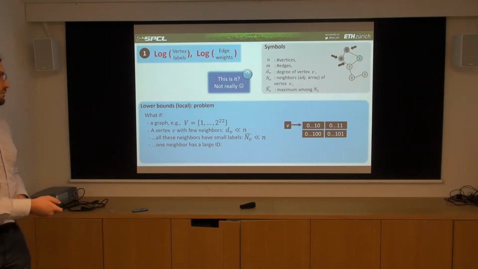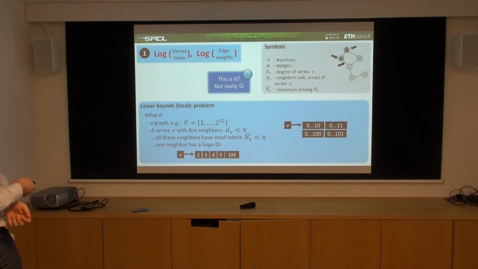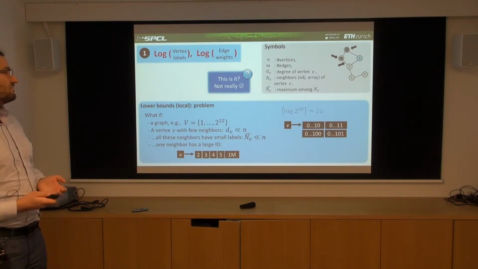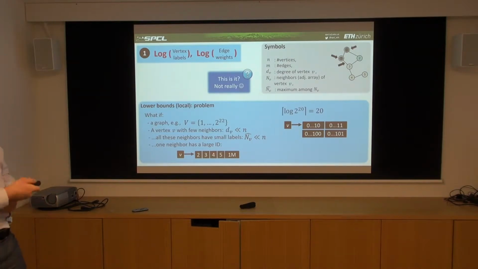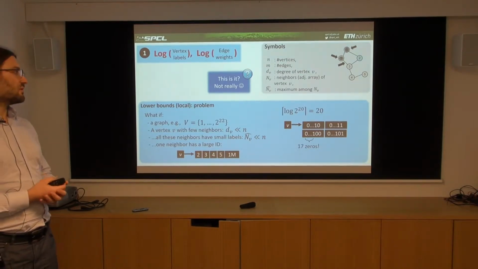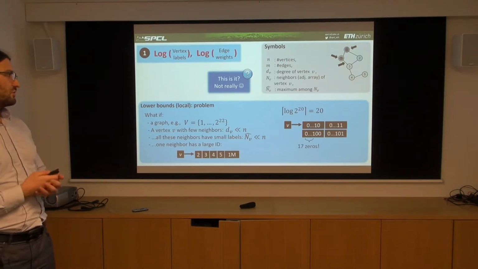For example, here we have this vertex v, and again the same neighborhood, but the final label is 1 million. So this is again bad, because even though we use this local approach, we still waste 17 leading bits in each of these IDs. So this is also not great.